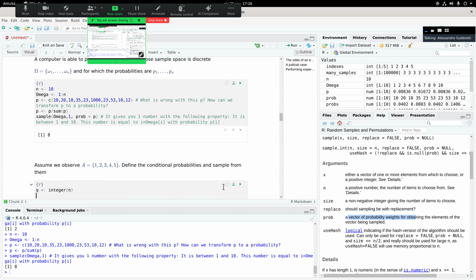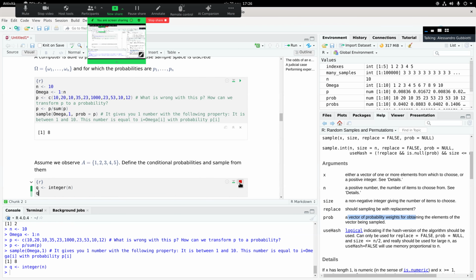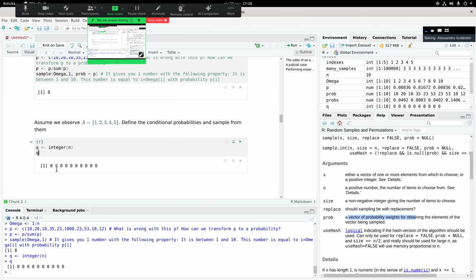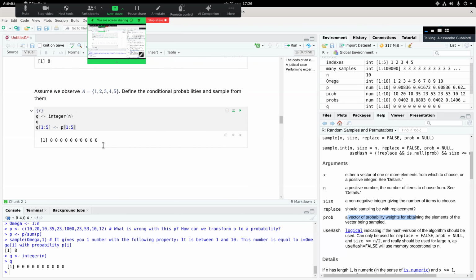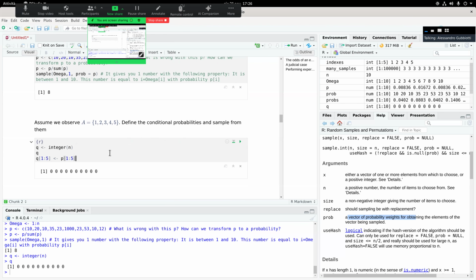And then from 1 to 5, we simply put the elements of P. So now Q is only a vector of zeros.